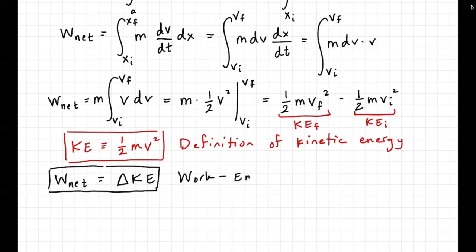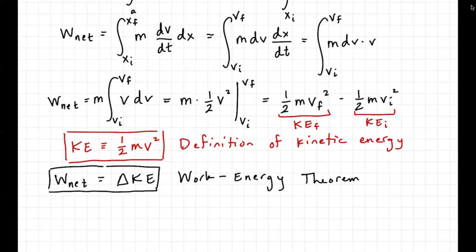And arguably, it's the most important result in physics. Later, we'll see this as a statement of conservation of energy in a few days. For now, this is extremely useful.